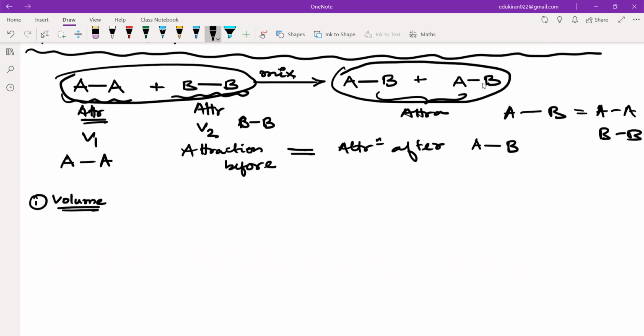Is that right? Correct? Yes, sir. Okay, that means if AA is taking V1 volume and BB is taking V2 volume, then the solution will be taking V1 plus V2 volume. Did you understand this or not?